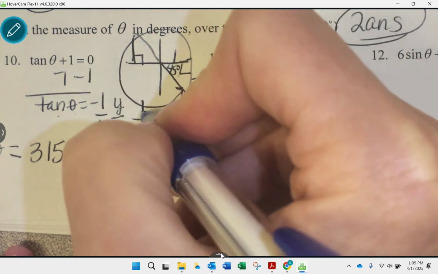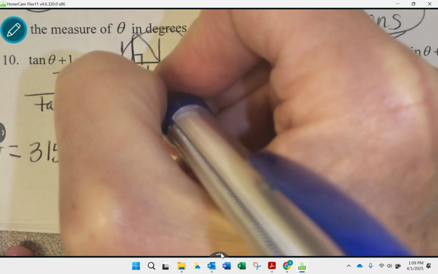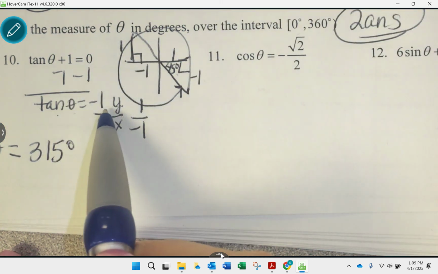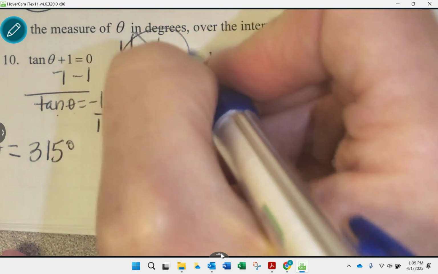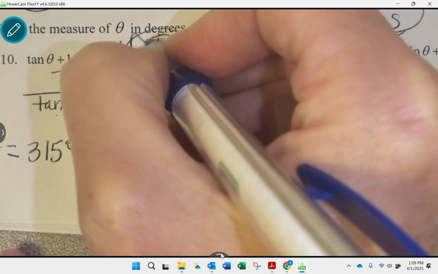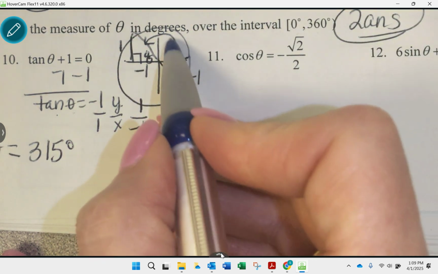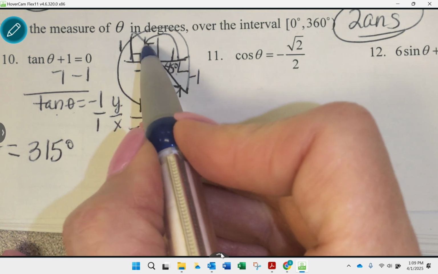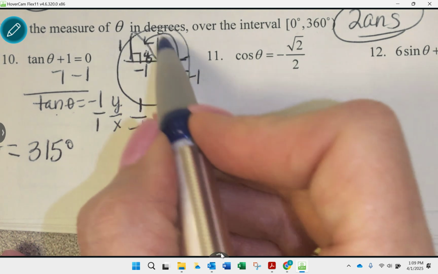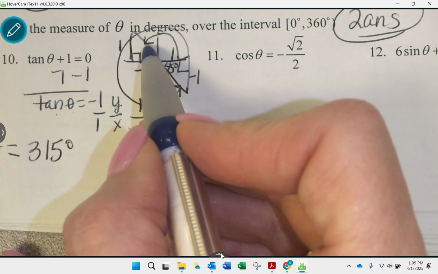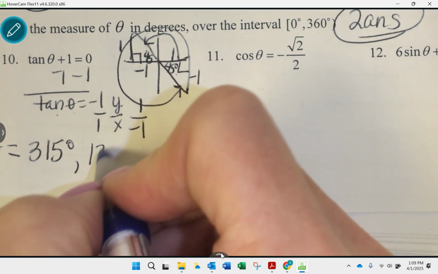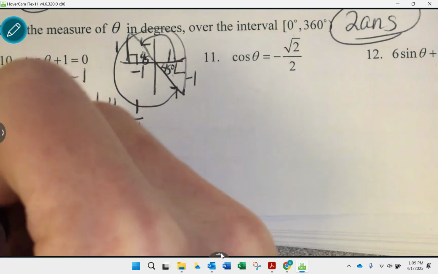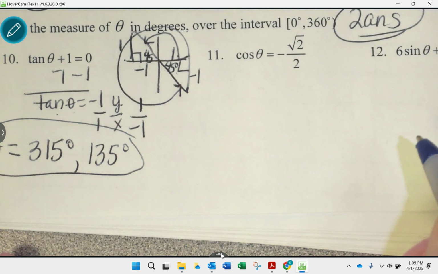So we could have it so that y is +1 and x is -1. That would still be -1 there. So we'd have 45-degree reference, and now we're going from here to here. So we would have to do 180 minus 45. What's 180 minus 40 and then minus 5 more? 135. So that's that angle.